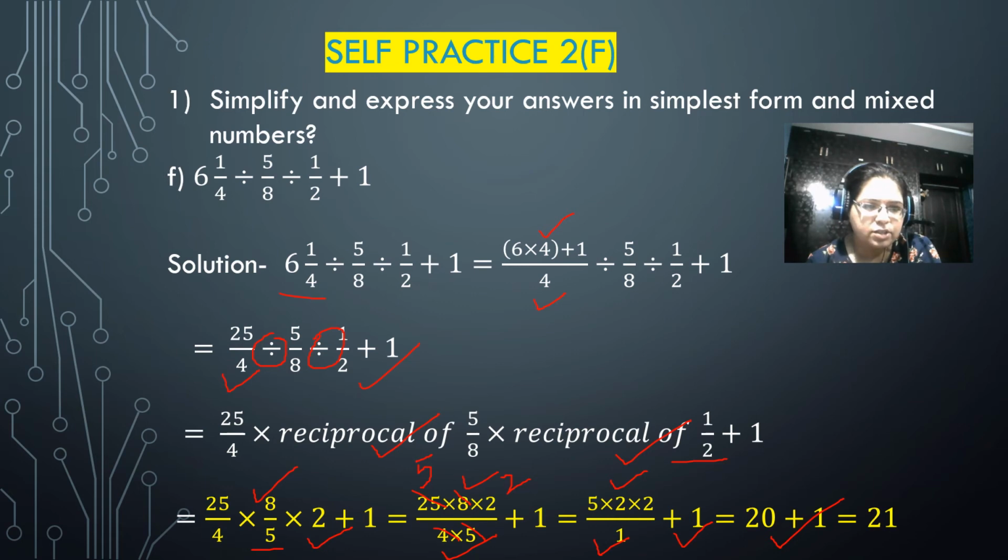Now we get 6 1/4 ÷ 5/8 ÷ (1/2 + 1) equal to 21, and 21 is in the simplest form.